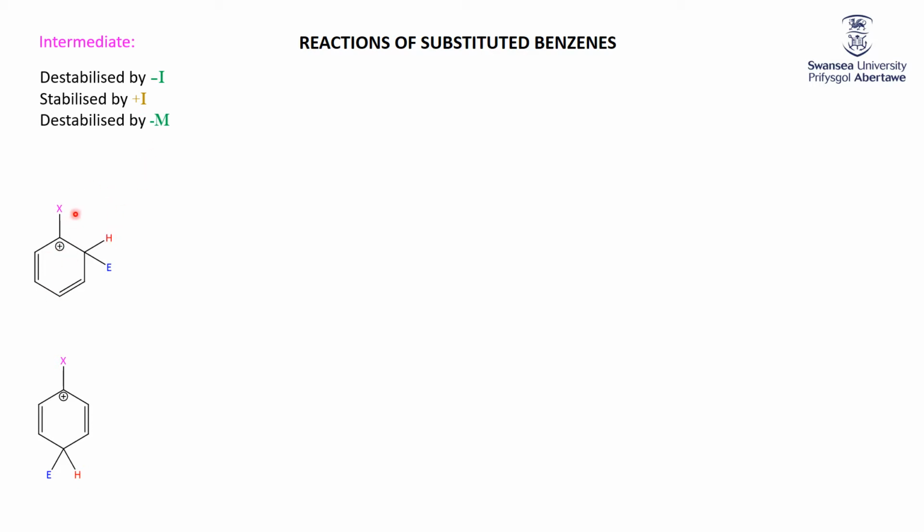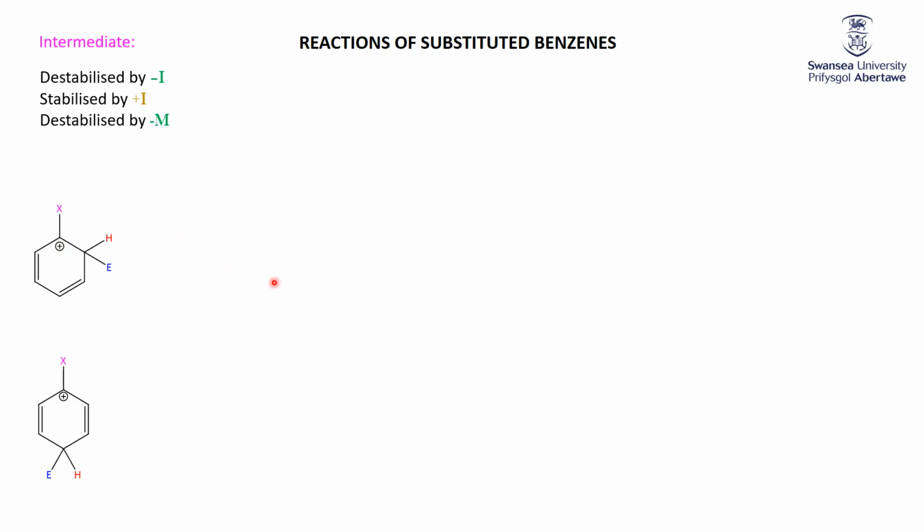Trying to suck electron density away from the ring is bad anyway. Trying to suck electron density away from a ring that's already positive is even worse. So the intermediate is going to be destabilized by negative inductive and mesomeric effects. All intermediates are stabilized by positive inductive, but particularly this intermediate, pushing electrons towards that positive.